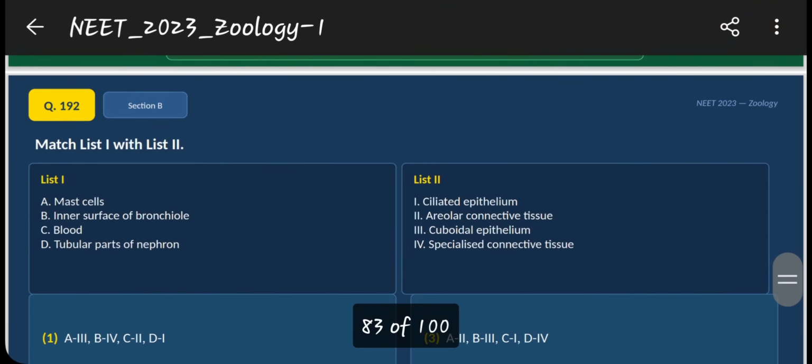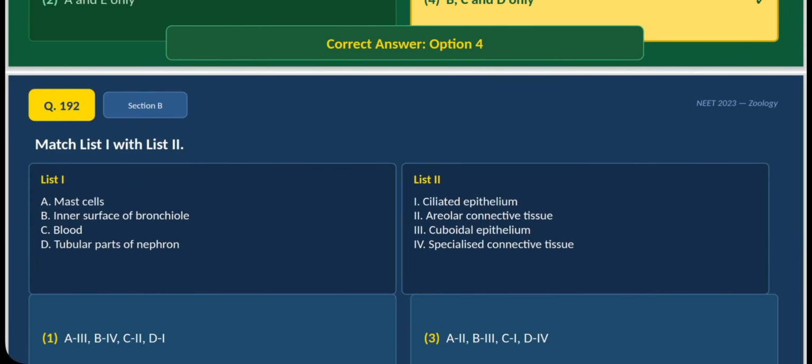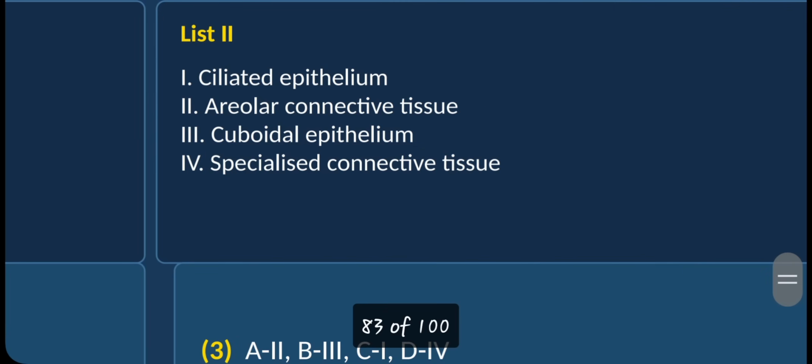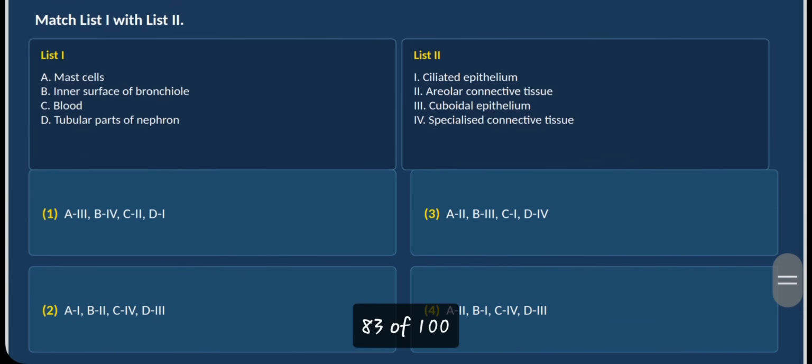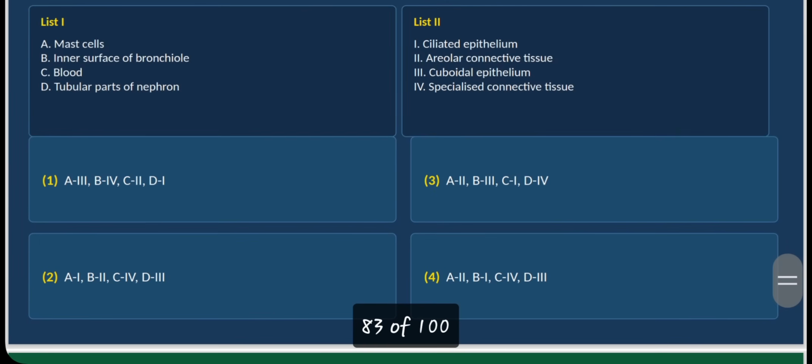So next one, probably from the animal tissue, they have asked it. Mast cells, ciliated epithelium, areolar connective tissue, inner surface of bronchiole. Blood, so what type of tissue blood is? It is a specialized connective tissue. So A2, B1, C4, D3.